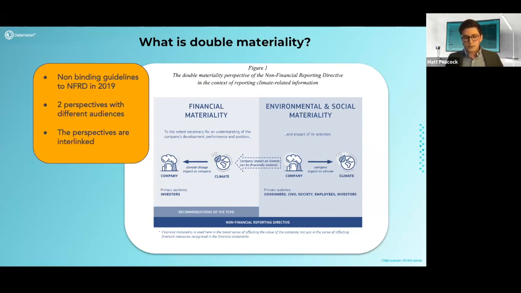Now, these perspectives may seem separate at first, but they are actually very much interlinked. This is made very clear in the guidelines that we've been talking about. The reason is that a company's external impacts can translate into financial impacts on the company's value. For example, if a company is polluting or causing lots of damage to its environment, this can have detrimental impacts on the environment.